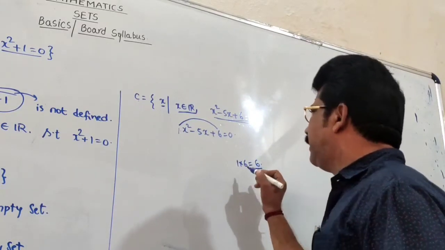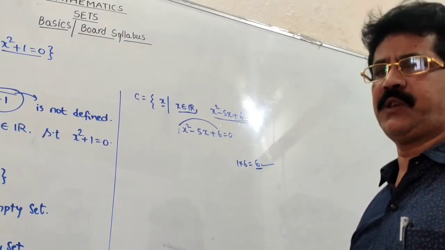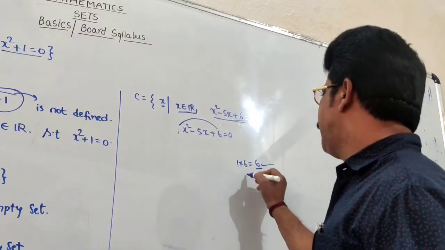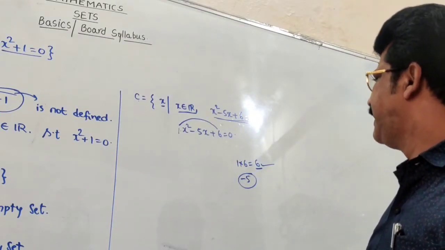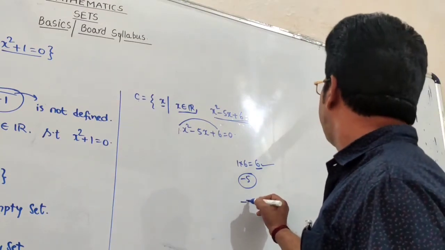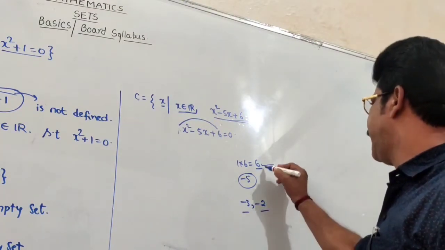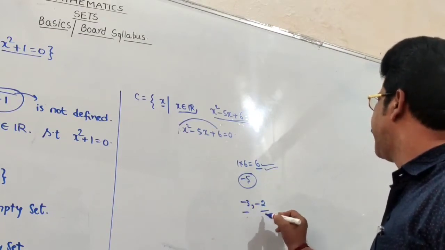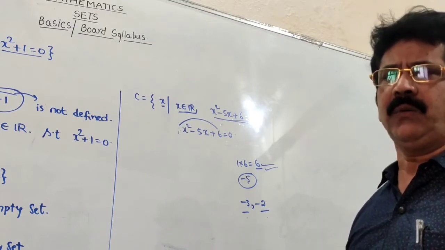On multiplication we must get plus 6, and on addition we must obtain minus 5. What are they? Minus 3 comma minus 2. On multiplication we get 6, and on addition we get minus 5.